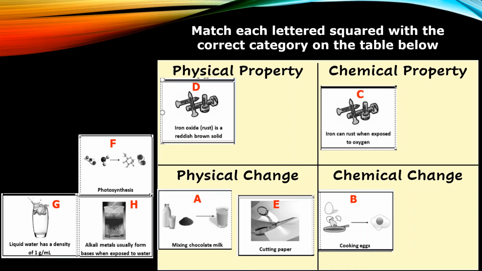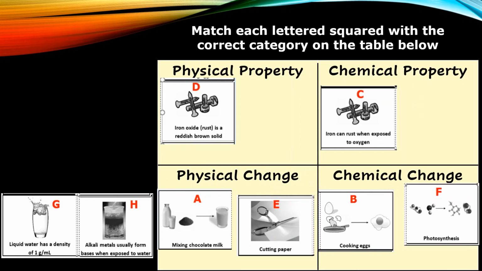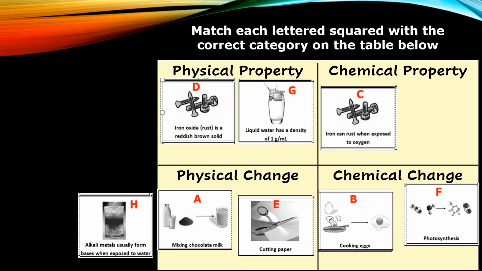F, photosynthesis, is a chemical change because we're making new substances using carbon dioxide and water to create glucose and oxygen. Saying that liquid water has a density of 1 gram per milliliter is a physical property. We can determine the density without changing it into something new. We just need to measure its mass and volume and do a simple calculation.